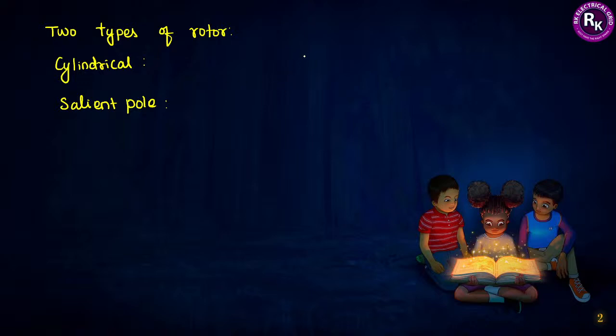Now cylindrical means what? If you observe a cylindrical machine, your rotor will simply be a solid cylinder, that's all. When we consider a salient pole machine, salient means that on the rotor periphery the poles are projected outward, like this.